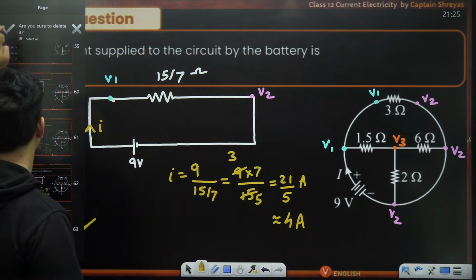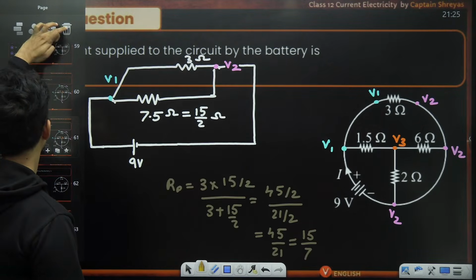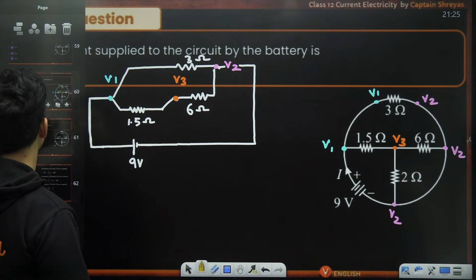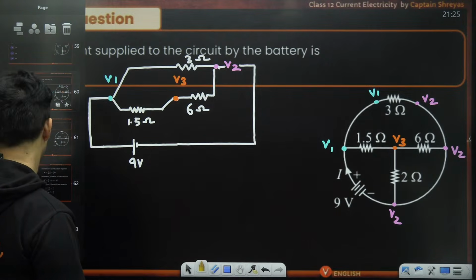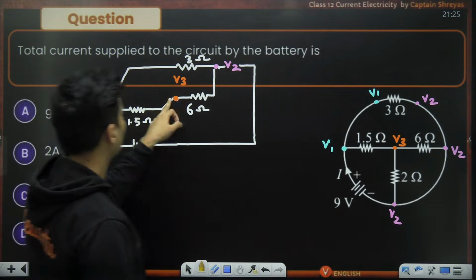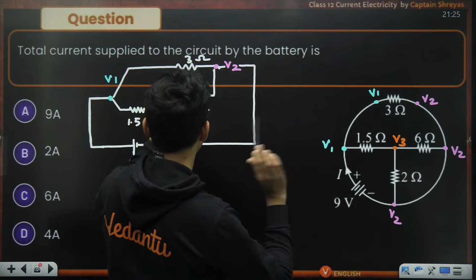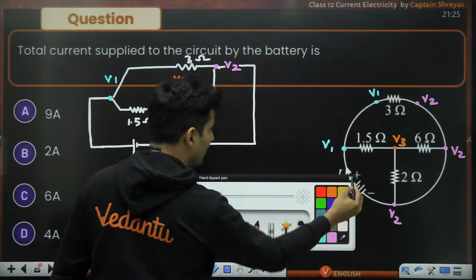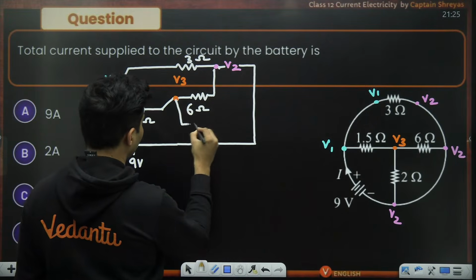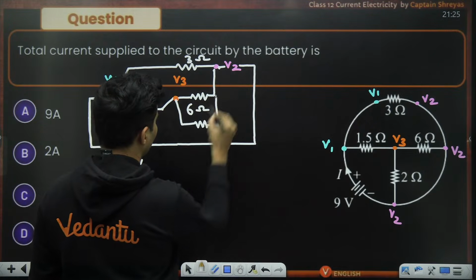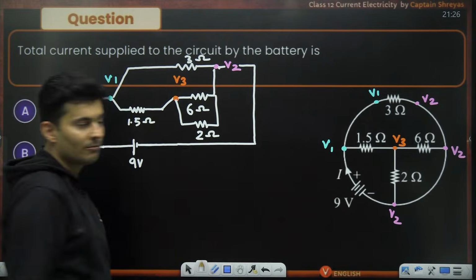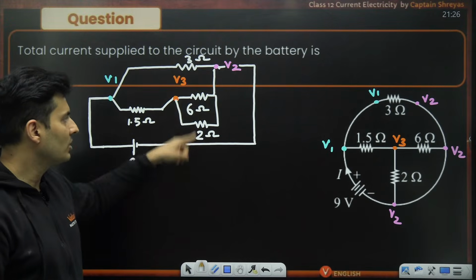I'll have to delete this. I think I missed one resistor in between V3 and V2. Between V3 and V2, I missed that 2 ohms. So there was one more resistor over here between V3 and V2. That was 2 ohms. Yeah, my bad. This was also there.